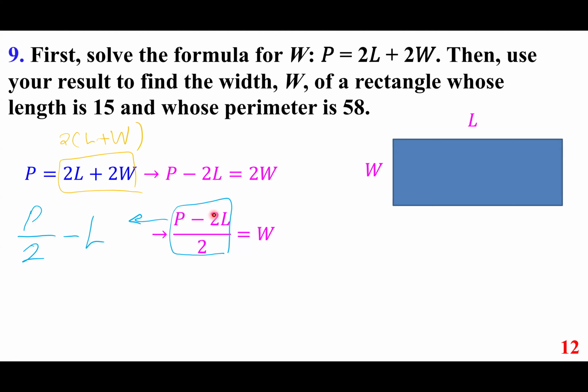Now you plug in P, 58 minus 2 times L, where L is 15. So we get 30 here. And so we have 28 over 2 or 14.